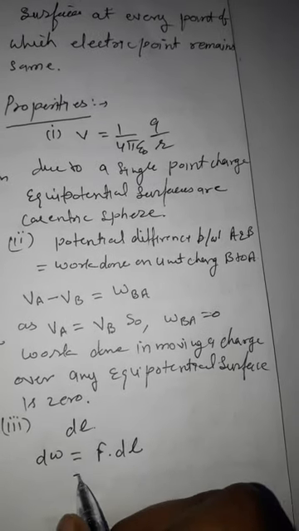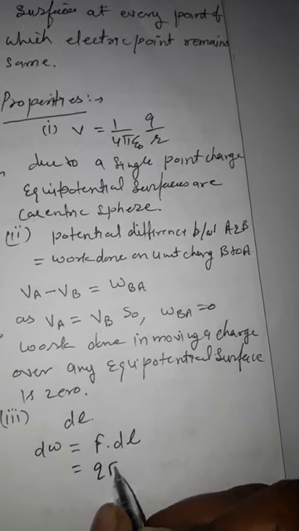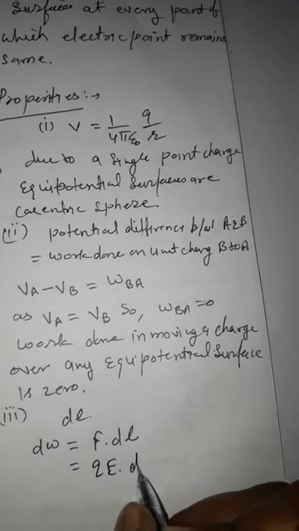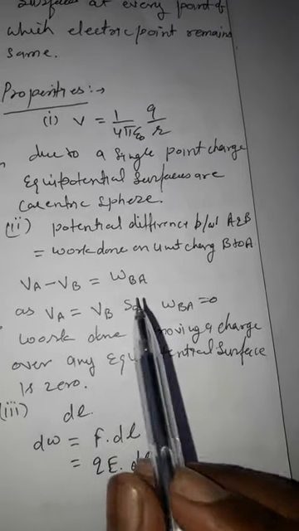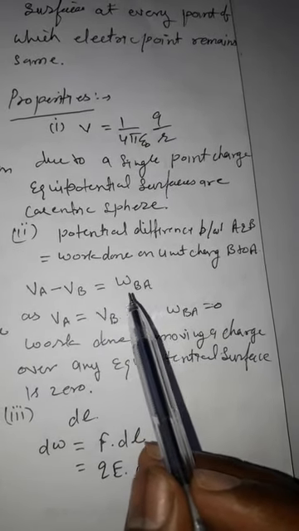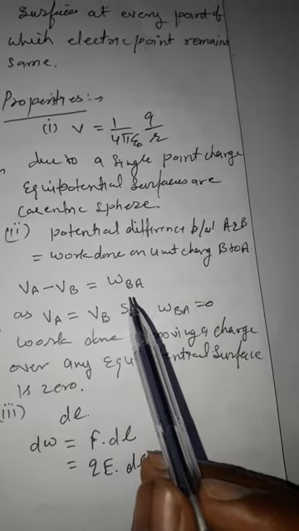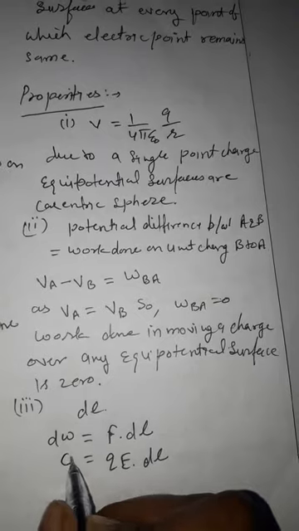As the force is due to an electric field, it must be equal to q into E into dl. Now, as we know, the work done in moving a charge on an equipotential surface is 0, so this dW must be equal to 0.